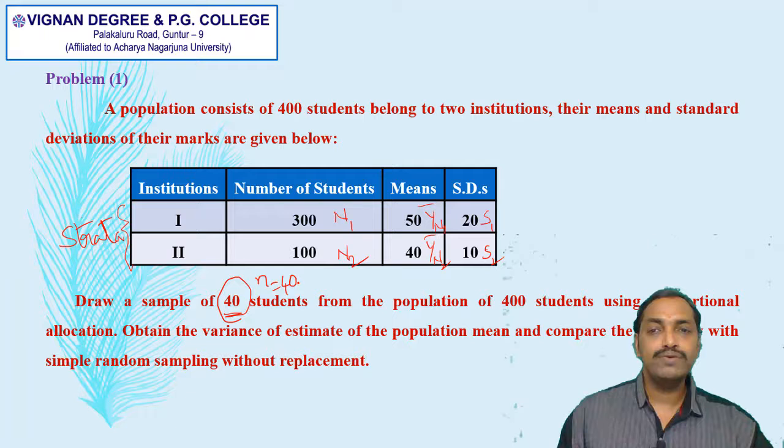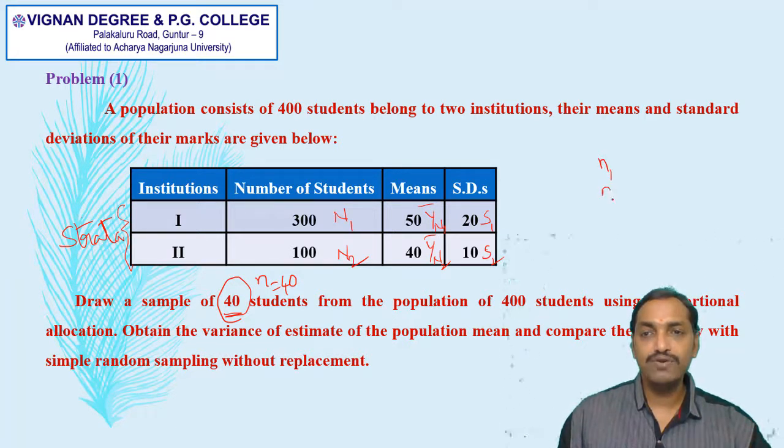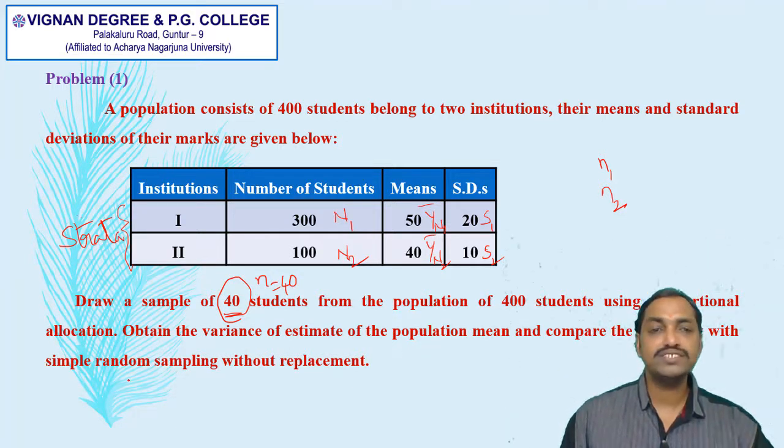So we need to determine the sample size for each stratum, that is small n1 and small n2 first, using proportional allocation, and then we need to obtain the variance of estimate of the population mean and compare the efficiency with simple random sampling without replacement. So now the solution to this problem.